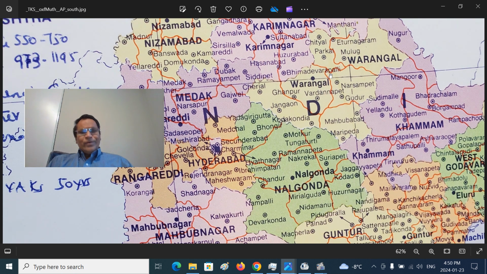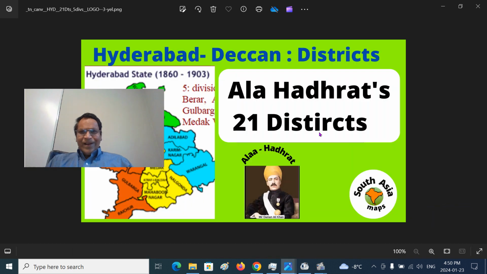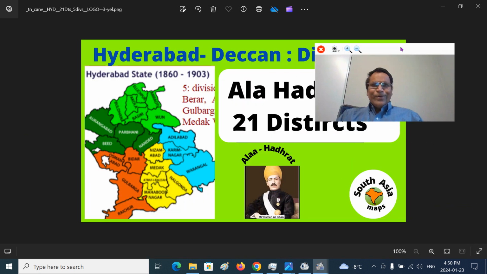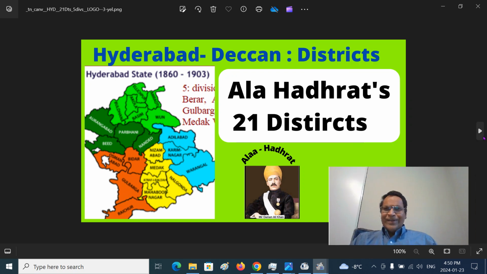So that's why, when you look at the lines on the map, how these panhandles are formed is a very fascinating, interesting thing. And I have extensively talked about it. If you're interested in the Nizam's territories, his history and culture, I have posted maybe 10, 15 videos.